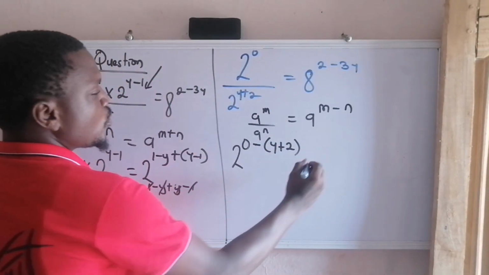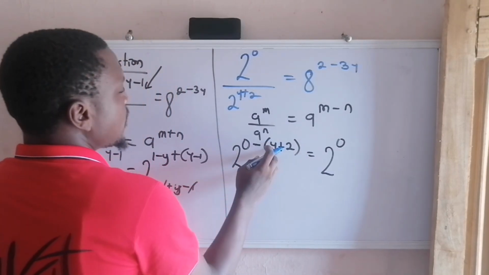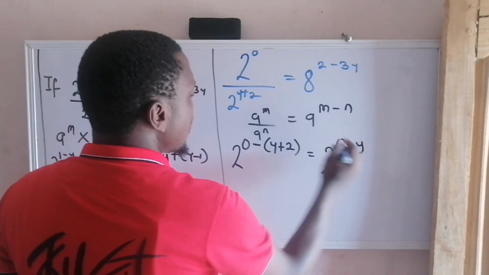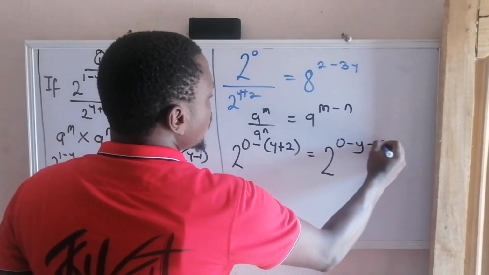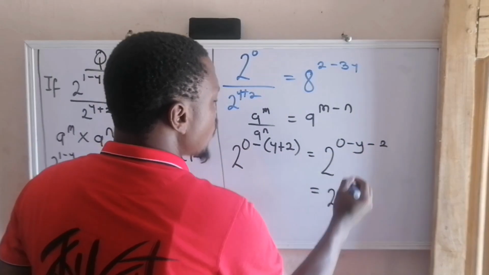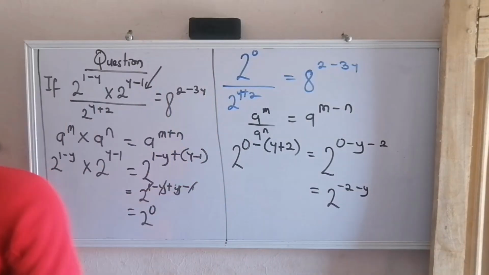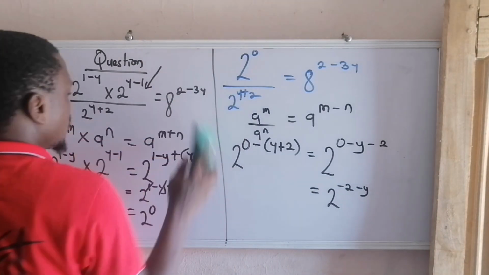So this returns 2 raised to power 0 minus y minus 2, which is 2 raised to power minus 2 minus y.